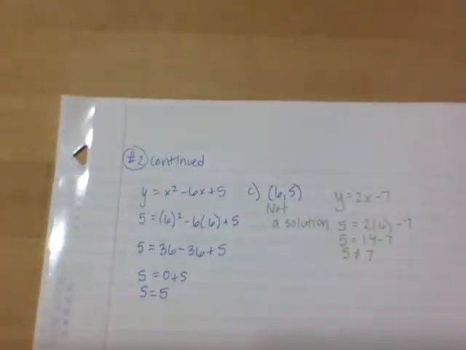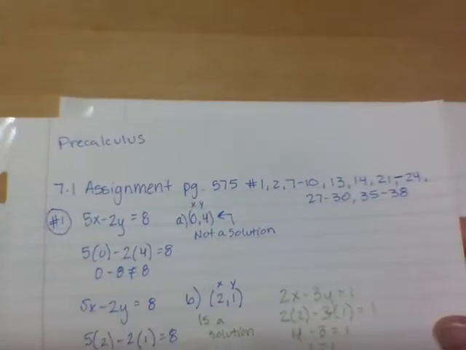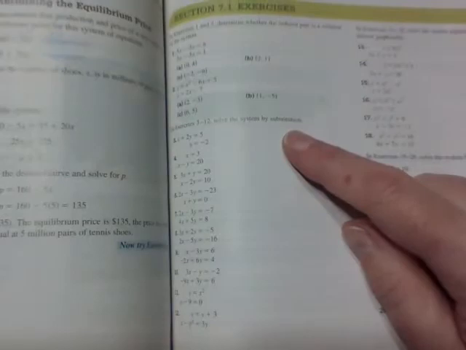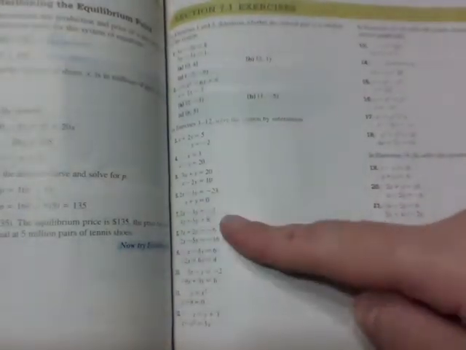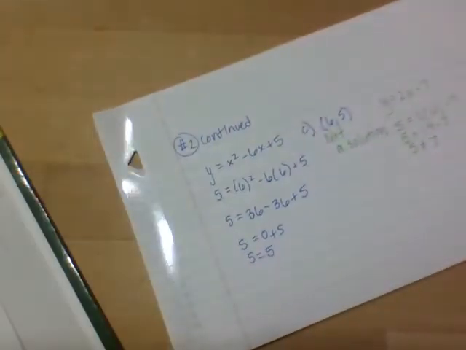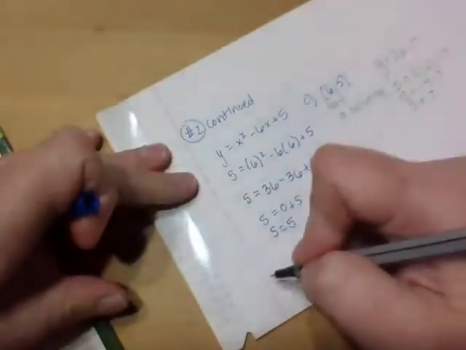Then, according to our assignment list, we're moving on to 7. So in 7 through 10, the directions are to solve the system by substitution. So remember, that means you solve one equation for one variable and then plug it into the next one. So we're going to write out the work for number 7 here.